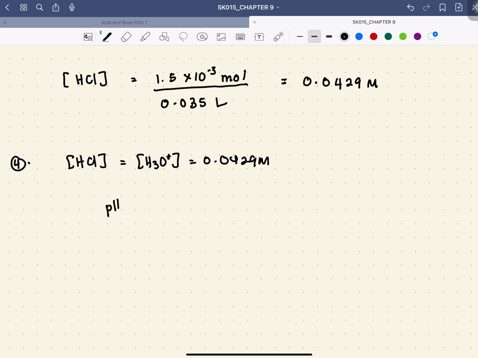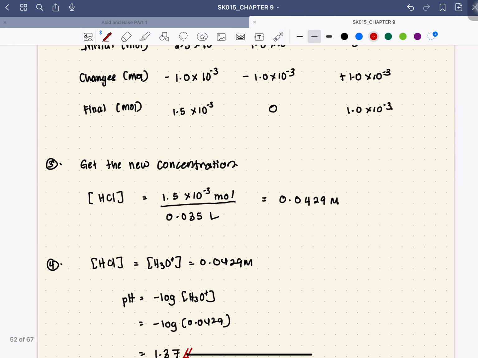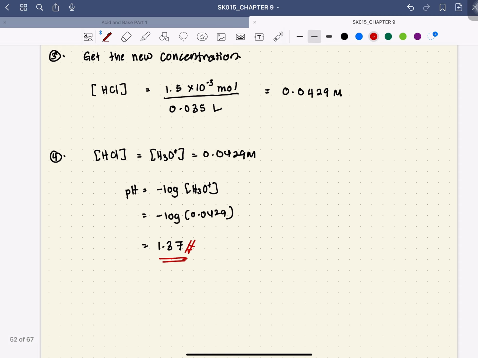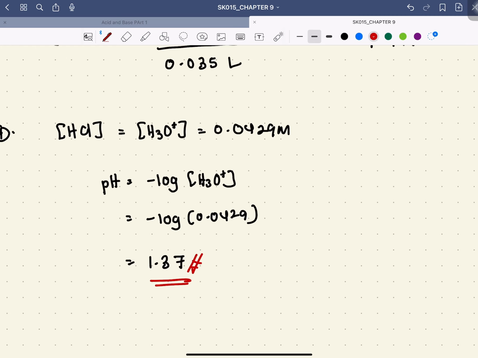To calculate the pH, just write negative log, substitute with the value, and you are going to get 1.37. There's a logic there, because previously, before the addition of sodium hydroxide, it was pH 1, but after we add the sodium hydroxide, the pH increased slightly to 1.37.